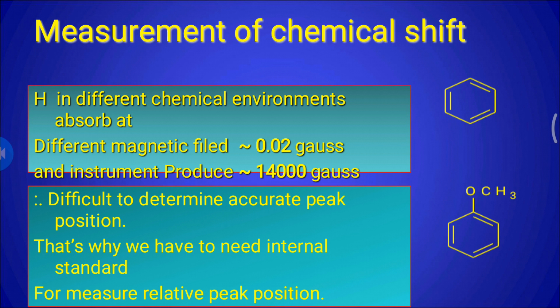But in the second example, methoxybenzene or anisole, with a methyl group and benzene, two types of signals are observed because these two are chemically non-equivalent. They are different, so methoxy gives one signal and benzene gives another signal.